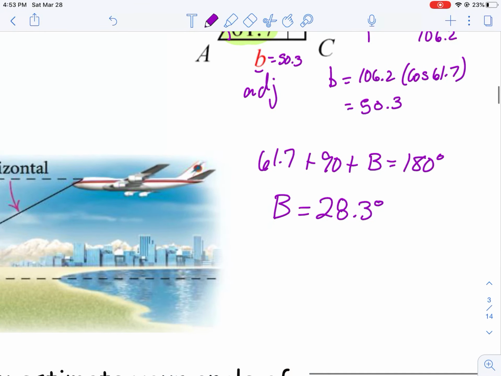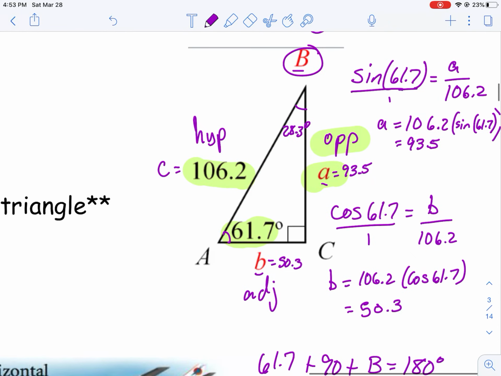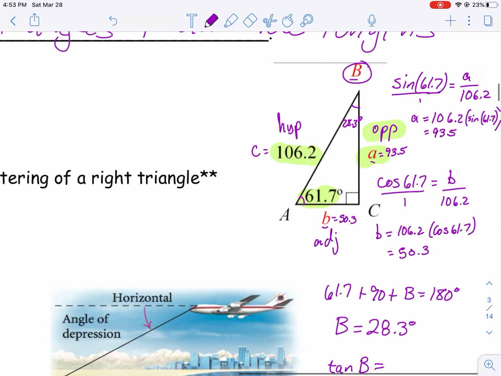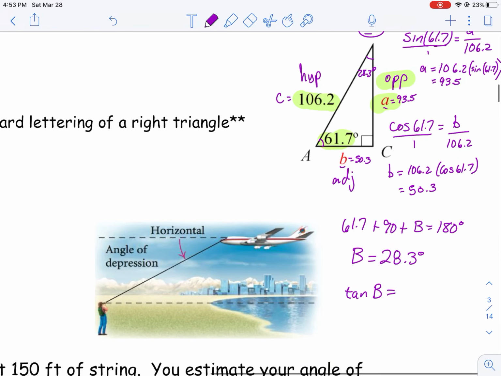I'm going to do this real quick. I'm going to use tangent. Tangent of the angle B equals, take a look here, you know tangent's opposite over adjacent. So for this one, we have to be a little careful.